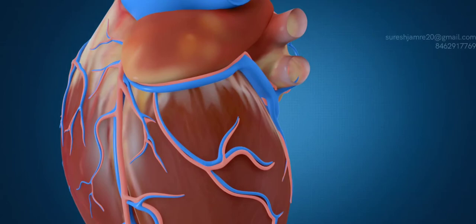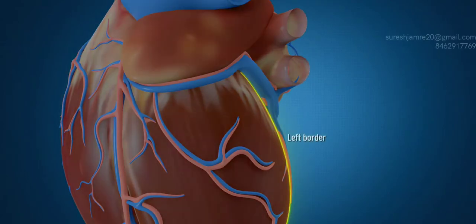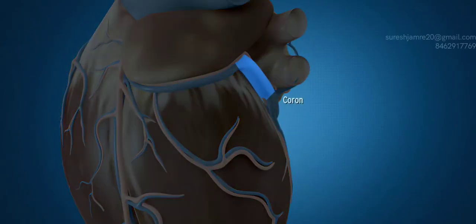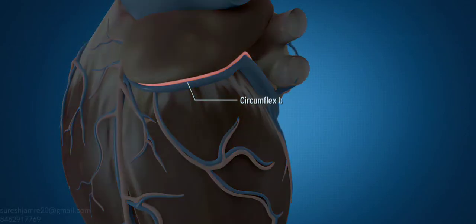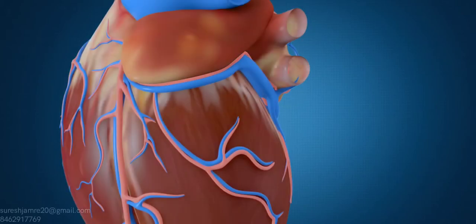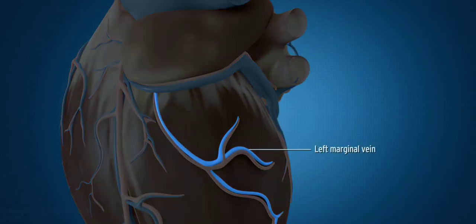Then, it winds around the left border of the heart and joins the coronary sinus. Here, it accompanies the circumflex branch of the left coronary artery. Before joining the coronary sinus, it receives the left marginal vein.